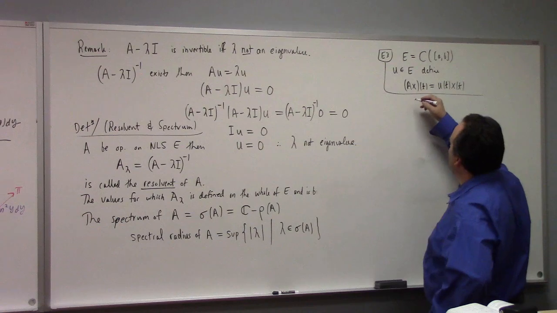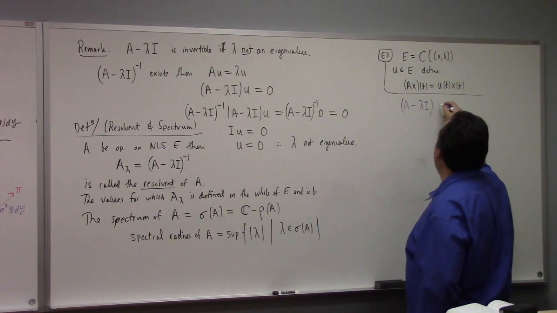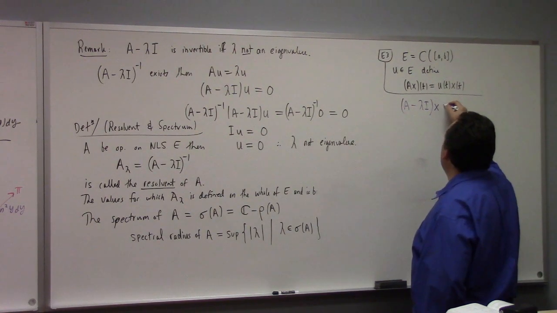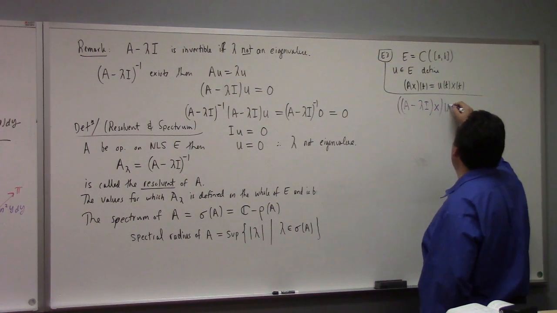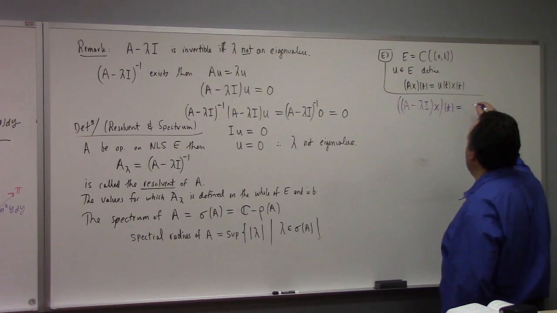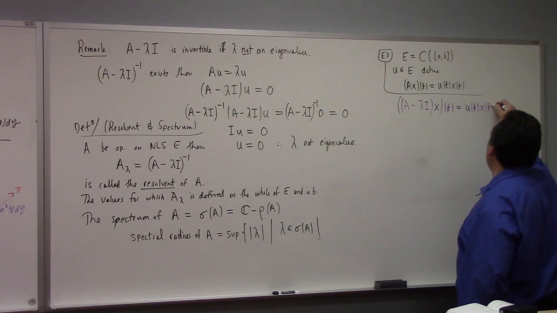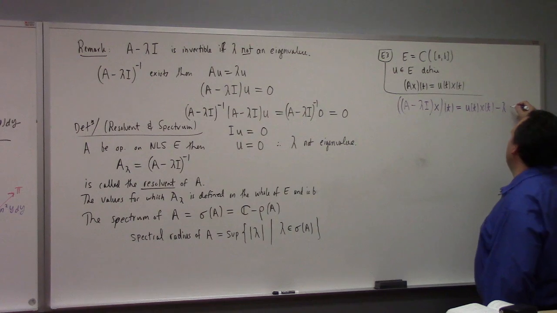So we're asking, you've got A minus lambda I times x at time t. That's going to be A x of t, which would be u of t times x of t, but then minus lambda x of t.